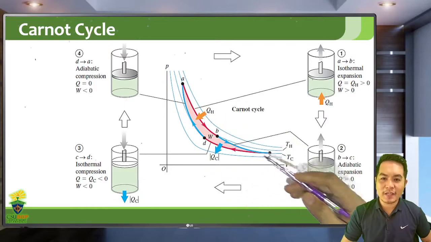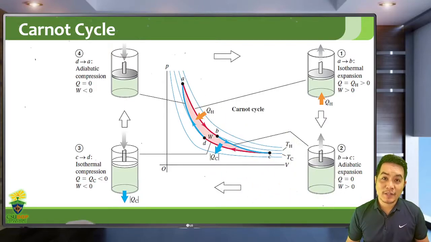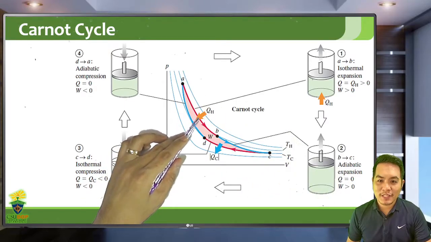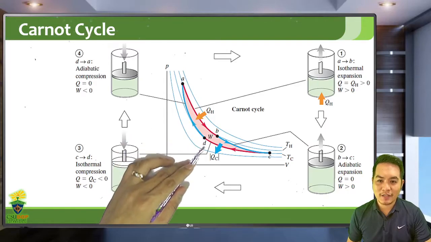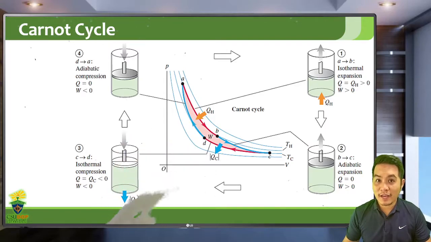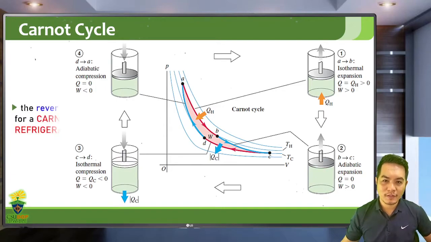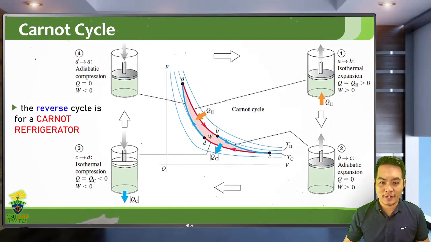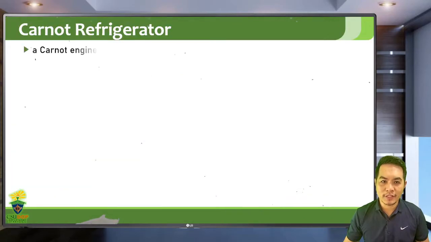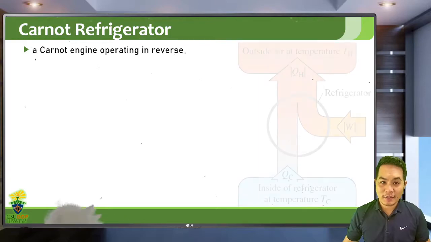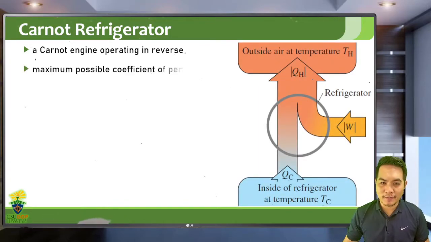It's the same cycle, but with different directions for the arrows. So you need to change the direction of the QH arrow here and the QC arrow here for a refrigerator. The reverse cycle for a Carnot engine is a Carnot refrigerator. A Carnot refrigerator, again, is a Carnot engine operating in reverse.